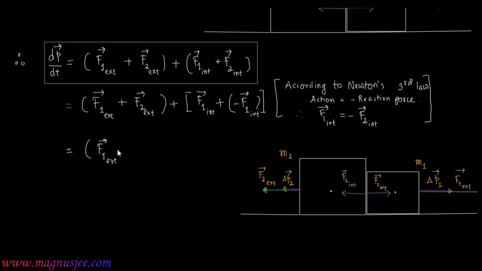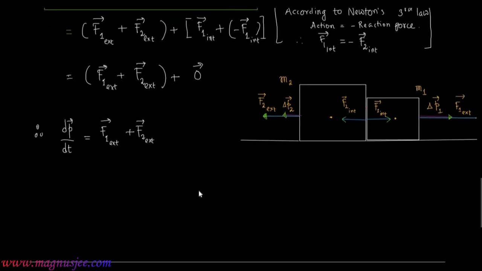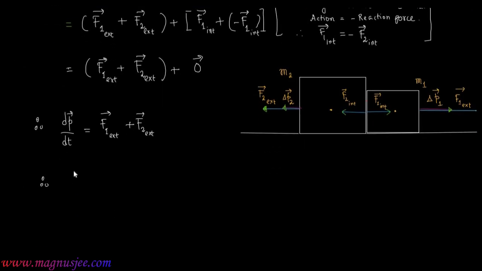This equals the bracket of vector f1 ext plus vector f2 ext, closed, plus 0 vector or null vector. Therefore, d vector p by dt is equal to vector f1 ext plus vector f2 ext.